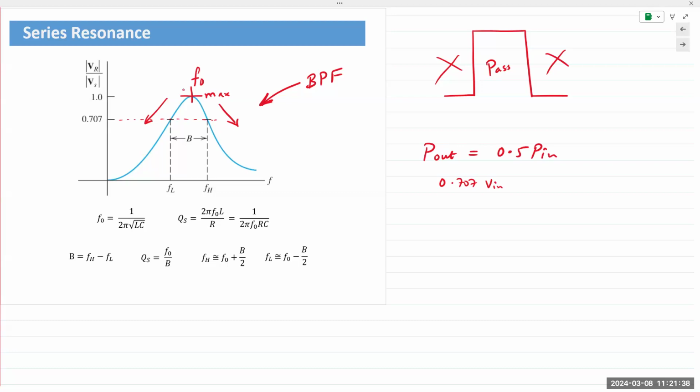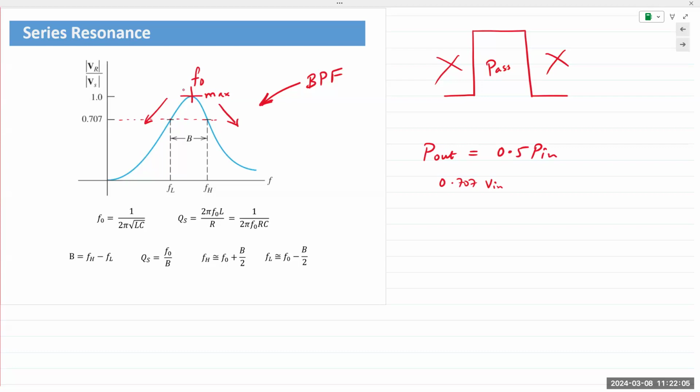So I said that this happens only at one single particular frequency, right? So we take the impedance of the inductor and equate it with the impedance of the capacitor. So ZL equals ZC. ZL is j 2 pi FL, or j omega L. ZC is 1 over j 2 pi FC. You bring the j's on one side, everything else on one side of the equation, and you take F on the other side of the equation.